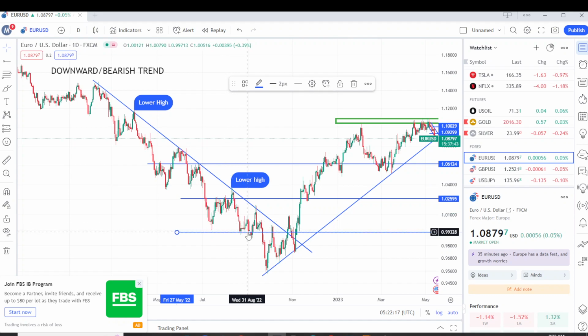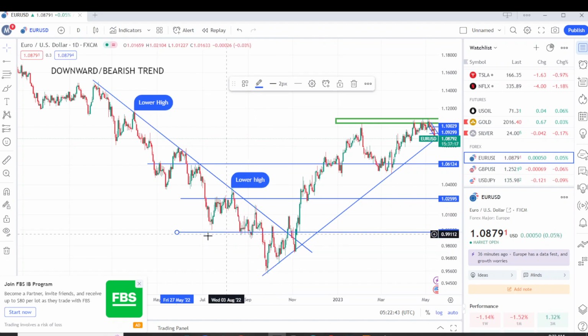Then again, the price comes back to the trend line, and then it's rejected again. After rejection, it forms this big red candlestick. At this point, you can enter your trade here. But we realize that price then moves a small distance upward, then it makes a big movement downward.